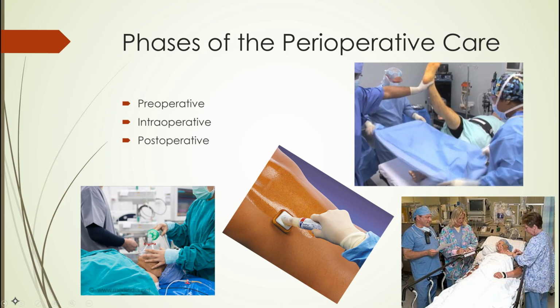Now, intraoperative is that OR piece. Preoperative, you might have about 30 seconds of time in, and postoperative is typically PACU, or post-anesthesia care, which can in itself be its own discipline, but in some places, the perioperative nurse may do all three areas.